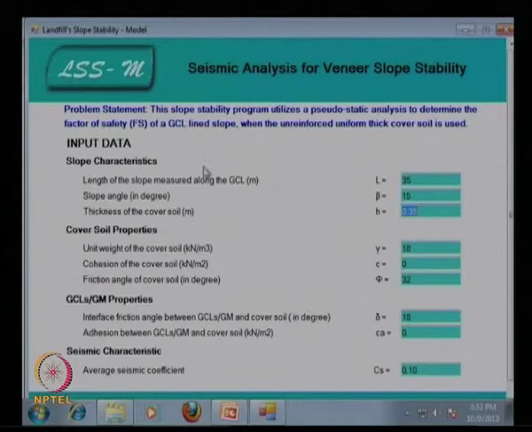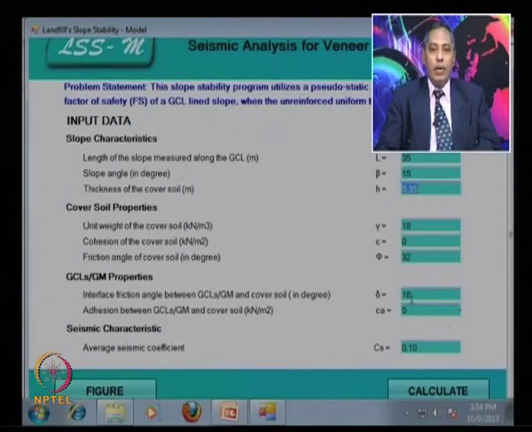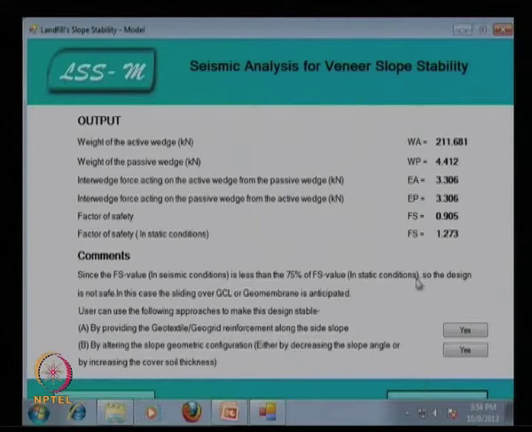Here the slope characteristics: the length L is 35, beta 15 degrees, H is 0.35 meter, and the cover soil property gamma is 18, C is equal to 0, phi is equal to 32, and the GCL geomembrane property delta is equal to 18, Ca is equal to 0, and here the seismic characteristic, the average seismic coefficient, is 0.10. So, you can calculate.